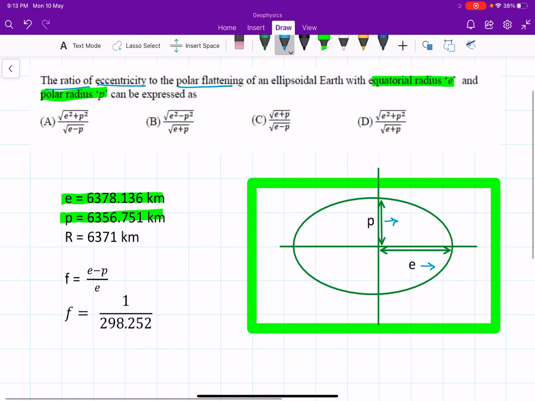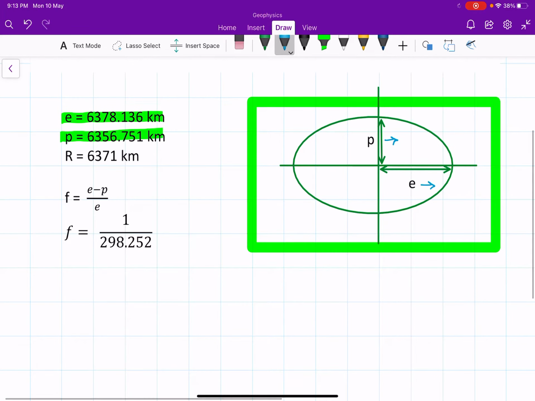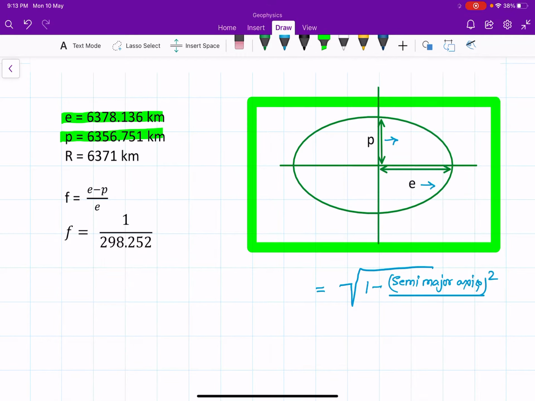The eccentricity of an ellipse is defined as the square root of 1 minus semi-minor axis whole square divided by semi-major axis whole square.